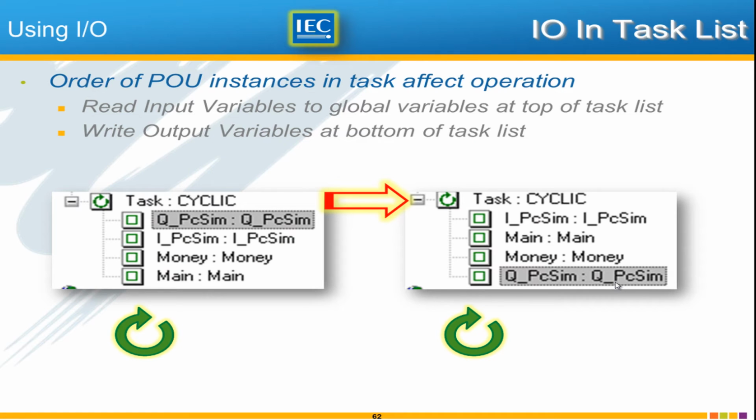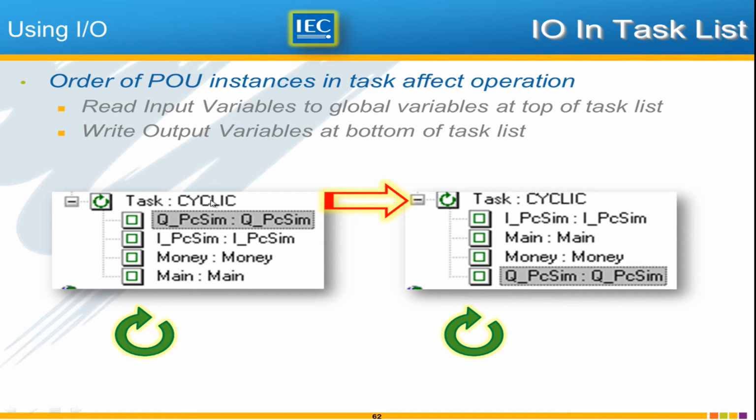So what does that mean for us? What does that mean for the programmer, and what do we have to do? What that means is that the order of the POU instances in the task may affect the operation of your machine. Reading the inputs and writing the outputs is not even shown as an item in this task.